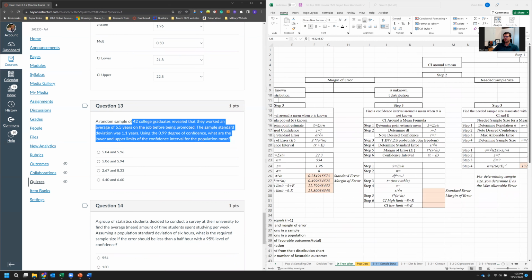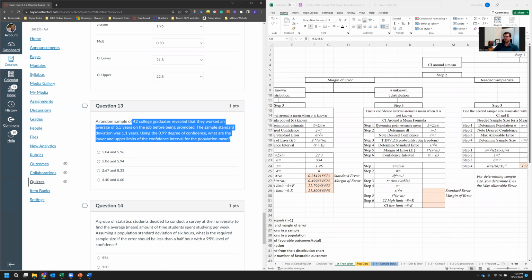And so I've got the mean, 5.5. The number 42, the degrees of freedom 41, and then here I'm going to do equals T.INV.2T.